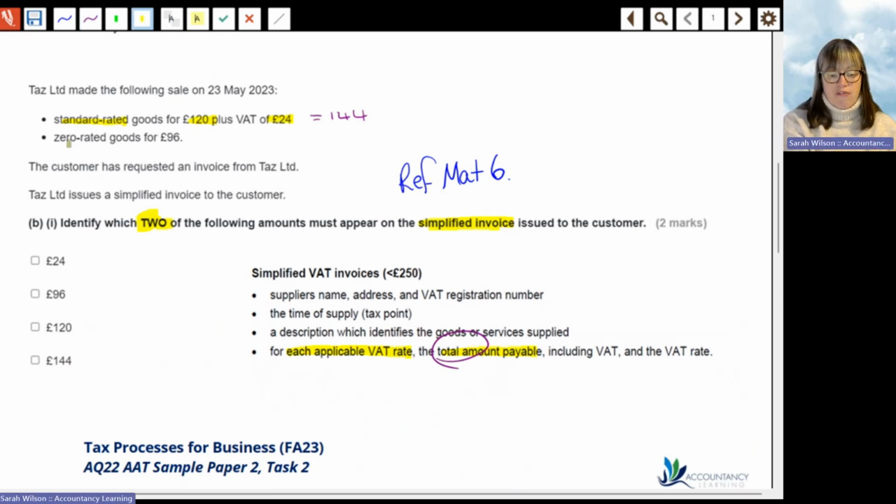And then we've got zero rated goods, which is our other VAT rate for 96, which is a total payable because zero rated means a zero amount of VAT. So our answer, our two choices that we're going to pick is the total of 96 for the zero rated and a total of 144 for our standard rated goods.